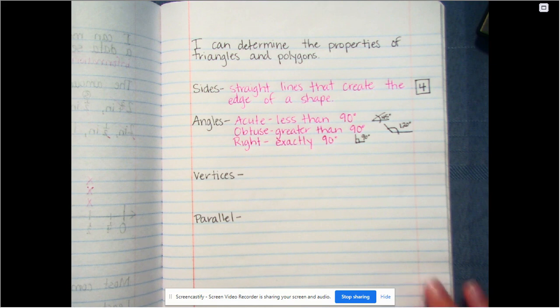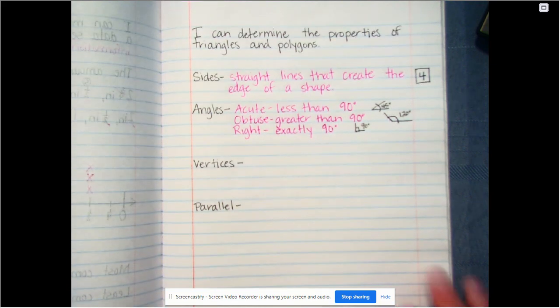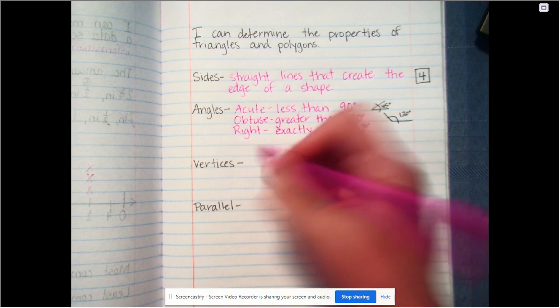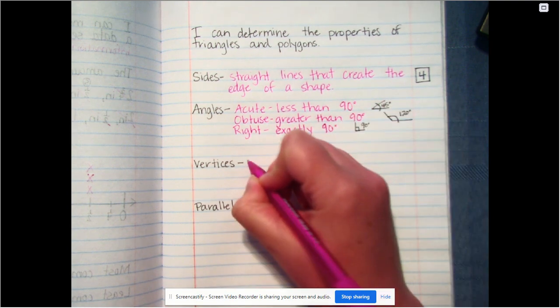Then you might also talk about the vertices. So the vertices of a shape are where the 2 sides meet.